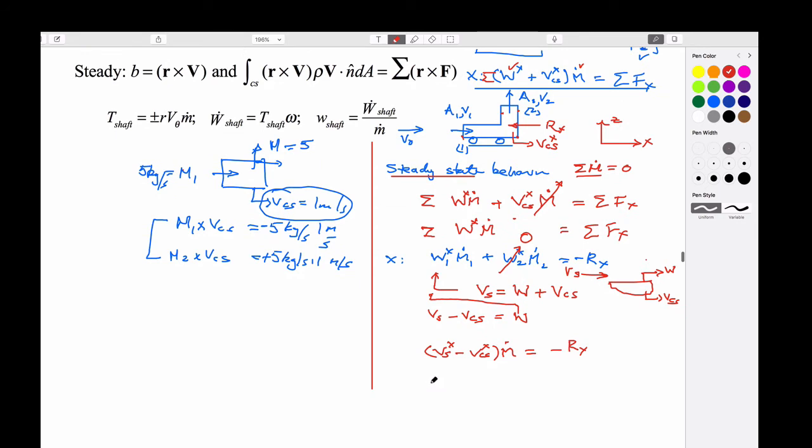And if I expand that, this is written for point 1 only, and this is mass 1. So let's expand this. What's the velocity static coming into this? That's this here, right? So this is V0 minus velocity of the control surface in the x direction.